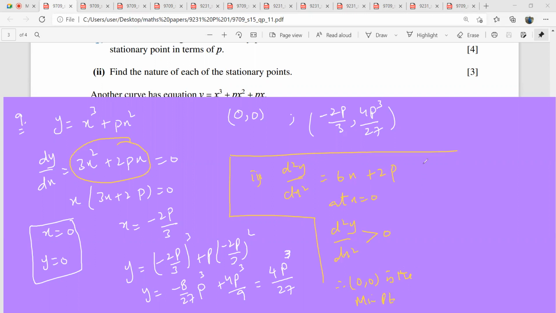Similarly, at x equal to minus 2p over 3, d2y by dx square is 6 into minus 2p over 3, which is minus 4p, plus 2p, that is minus 2p. That is negative because p is positive. Therefore minus 2p over 3 comma 4p cube over 27 is the maximum point.